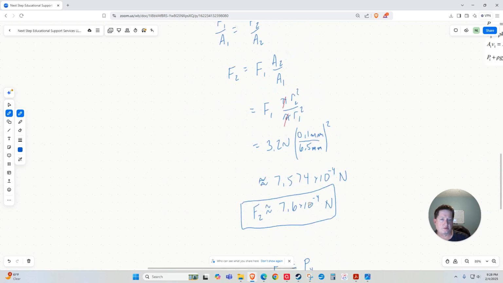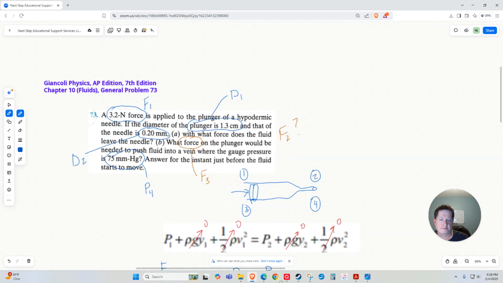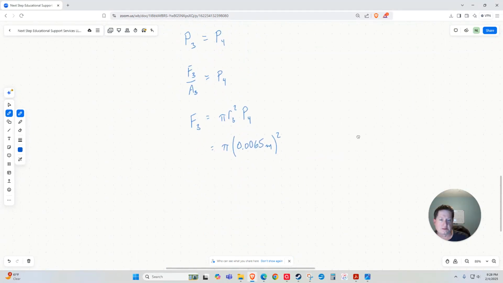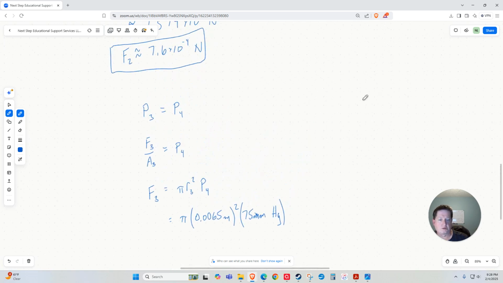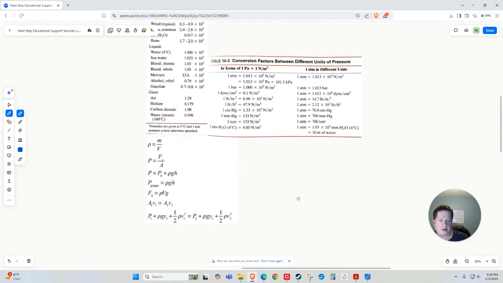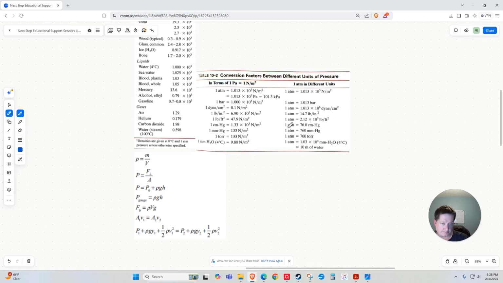And for pressure of 3, I believe it was 75 millimeters of mercury. Yes, 75 millimeters of mercury, which is one of the more exotic units of pressure. If you convert that to SI, we're going to either look up on the internet or grab a conversion table for pressures. These are for atmospheres. I want to go into pascals or SI units.